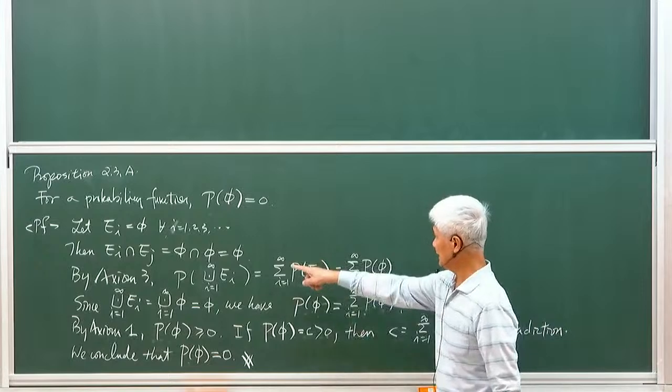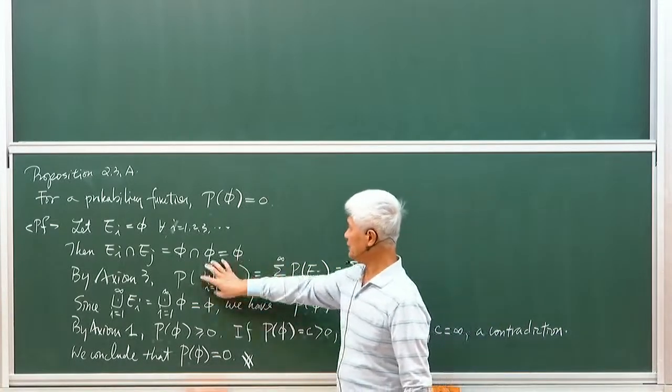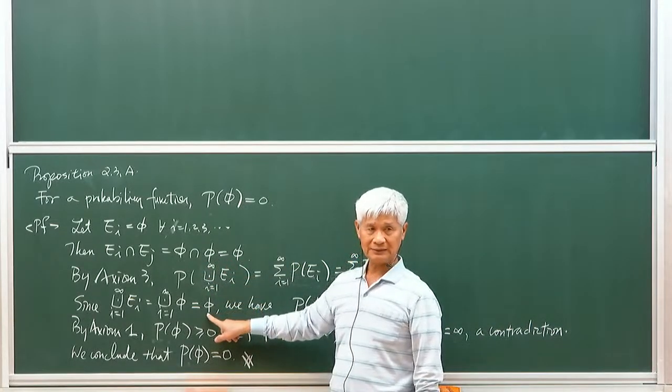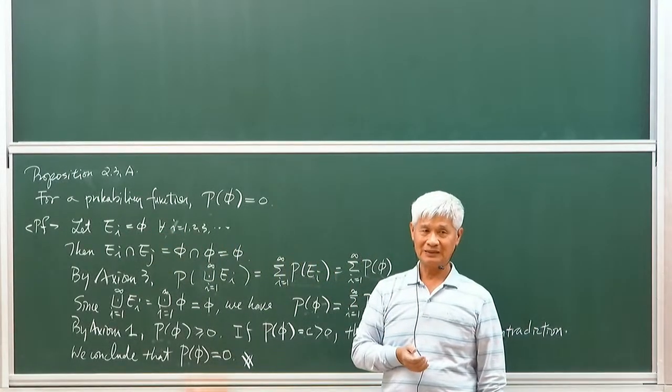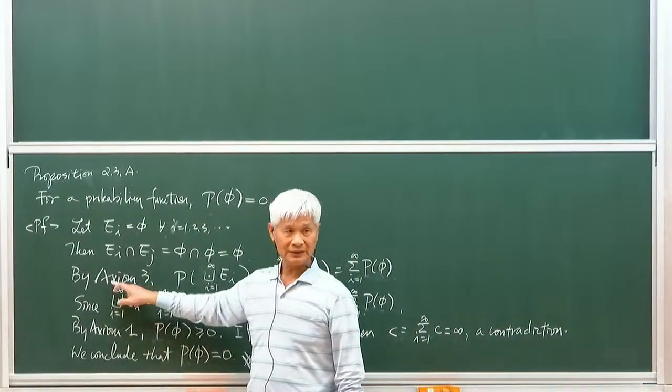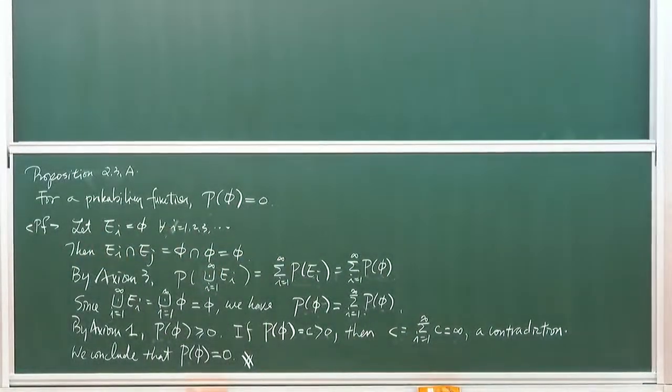The key is here, and we also know this union is the empty set, because this construction is very specific. I want to apply axiom number 3, and axiom number 3 is true for any sequence of mutually exclusive events. There are infinitely many such sequences you can construct, and this is one of them. For my purpose, I want to give you a very fundamental proof.